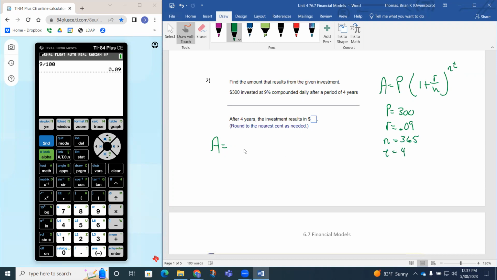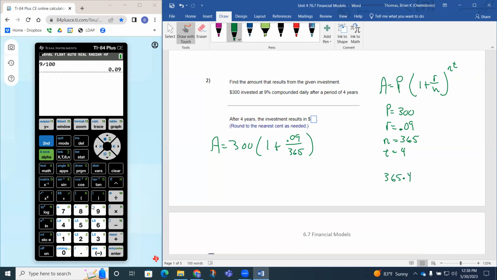So if I use our formula, we'll have 300 times 1 plus 0.09 divided by 365 raised to the 365 times 4. So let's go ahead and just do 365 times 4 off to the side here.